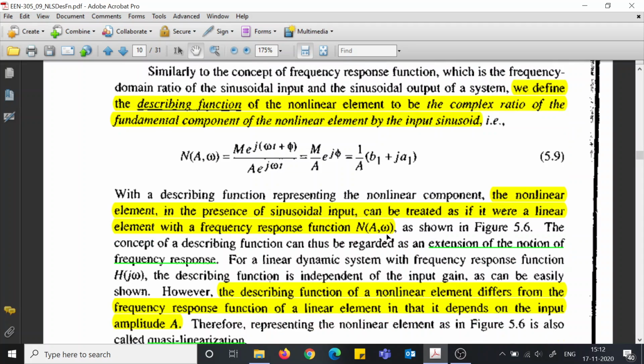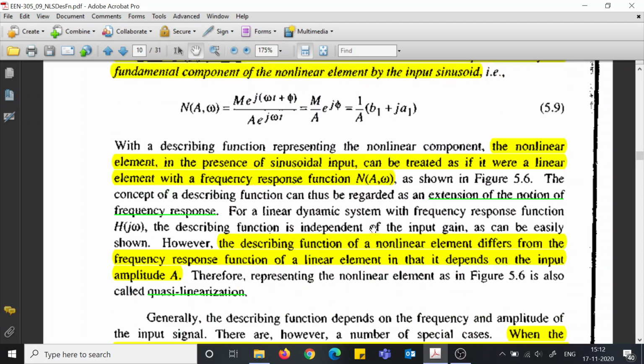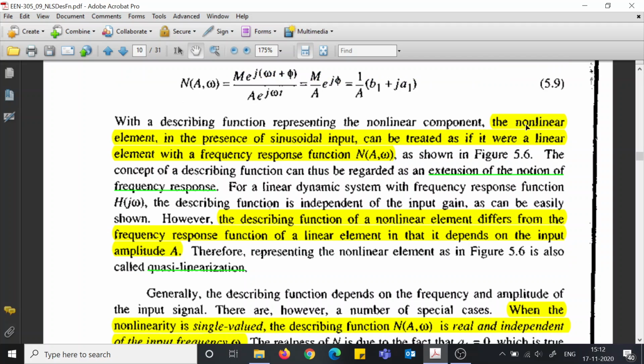So this is how the nonlinear element behaves in presence of the sinusoidal input. With other inputs this will not work. In presence of sinusoidal input, it can be treated as if it were a linear element with frequency response N(A, omega). This is an extension of the notion of frequency response in linear systems.